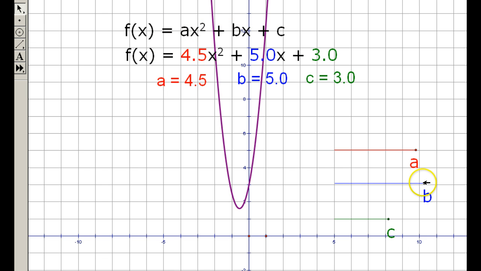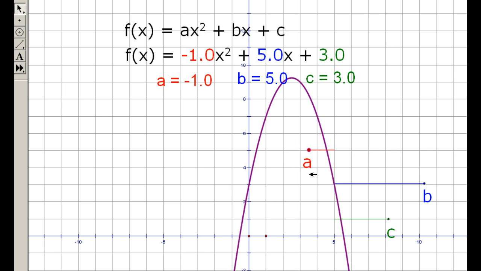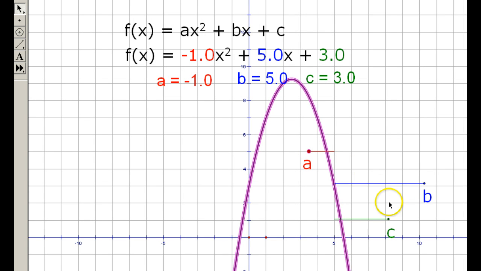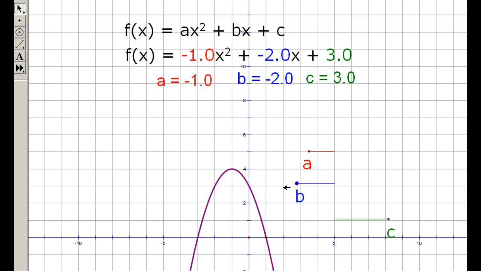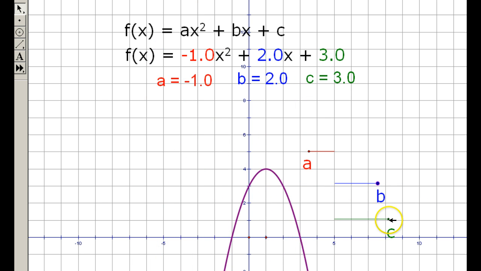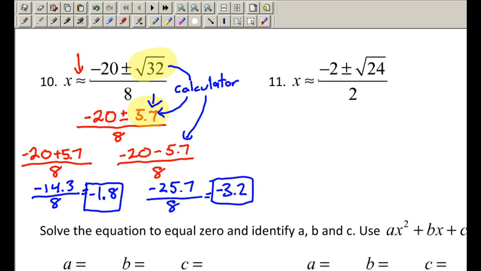Same thing here. You can see, like right here, that's definitely a fraction where it's crossing. It's not always going to be these nice numbers. And depending what A, B, and C is, yeah, lots of decimals there. Okay. So that's what I want you guys to work on for now.